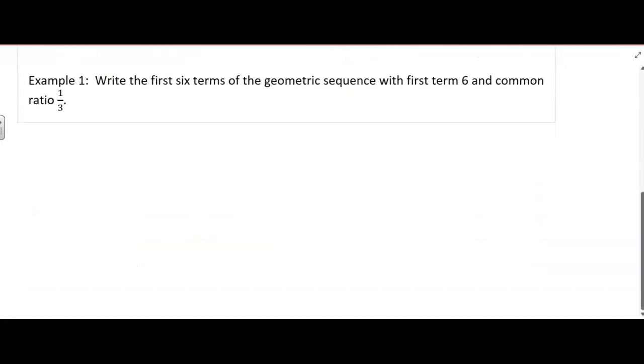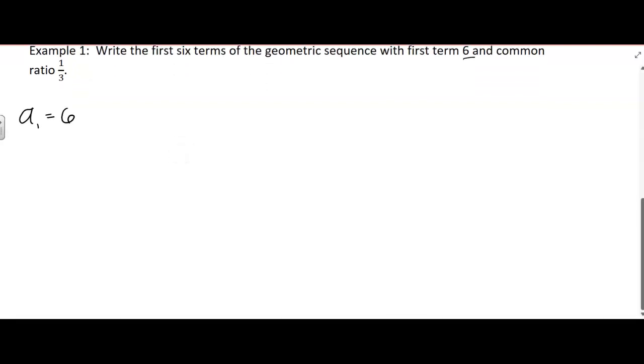So here's an example that says write the first 6 terms of the geometric sequence with first term 6. Okay, so they tell me a sub 1 is 6, and then I have to do 6 terms. So let's see, I'll go down the page here. So a sub 2, okay, the first term is 6.